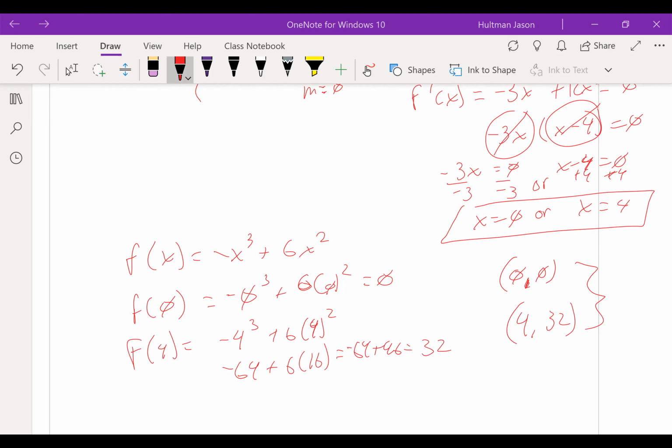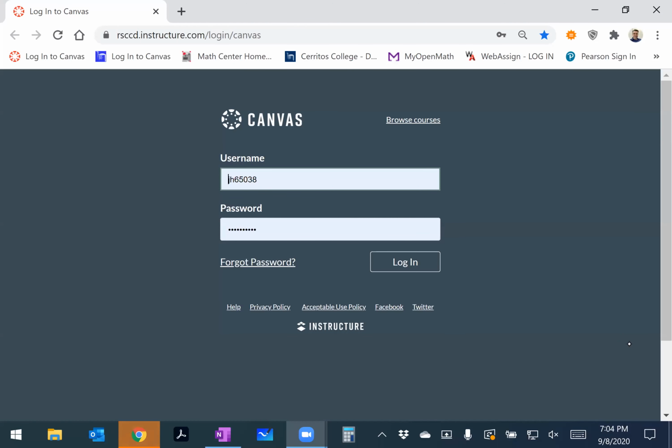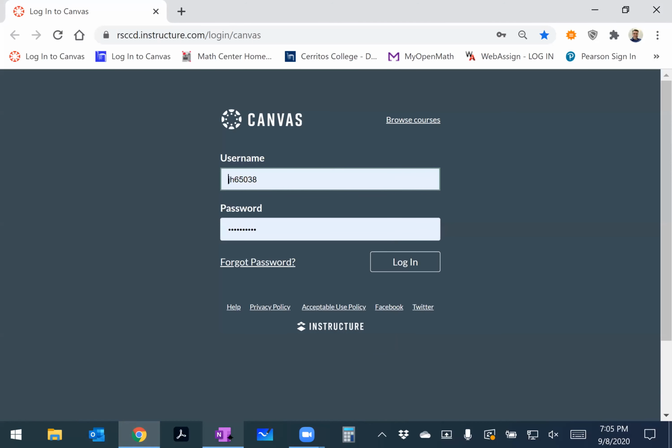Okay, so let's see if that works. So what was it? It was 0, 0 and 4, 32, yeah. And the original function was this guy here. So let's go to Desmos real quick and look at the function.